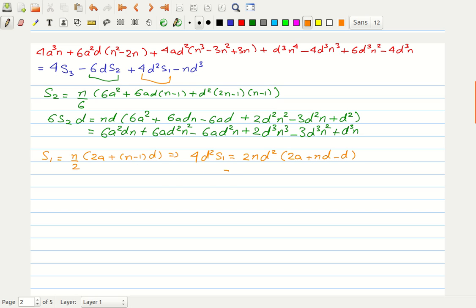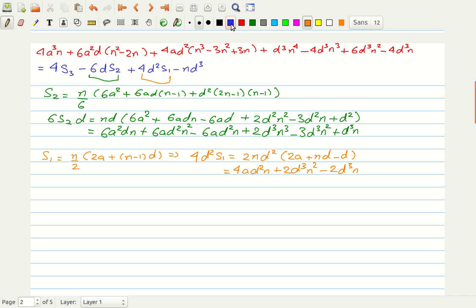And this is going to be equal to 4 a d square n plus 2 d cube n square minus 2 d cube n.